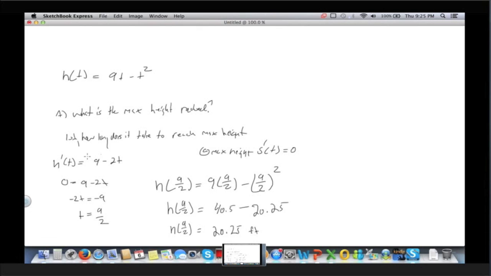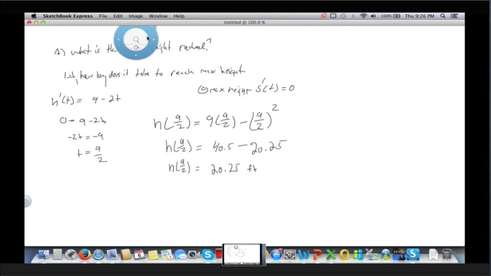So to find how long it takes, we have to find the derivative of the function and then set the velocity to 0 and solve for t, which shows us how long it takes to reach the peak. And then we take that time value and plug it back into our original function, and that gives us the height at the peak, and we could double check that on the calculator by graphing the function and tracing over to the peak, and the y value should be 20.25.